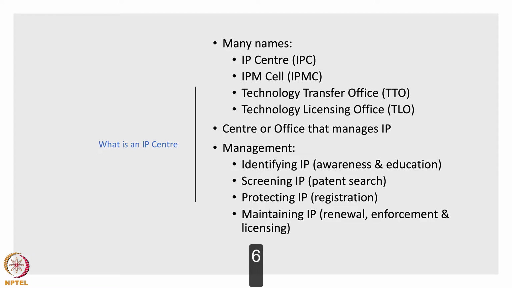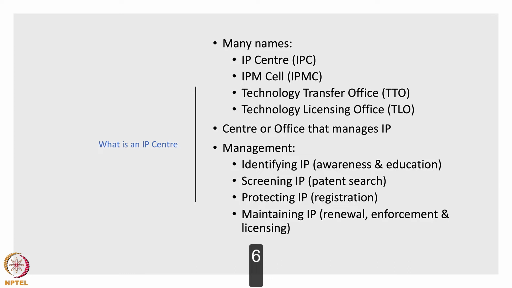Once the IP is identified and the institute takes a call to file intellectual property protection for it, then it has to be done. Usually it is done by teaming up with third party service providers. There are instances where the universities can also file it internally, but it will require a different kind of setup and different kind of professionals to do that.